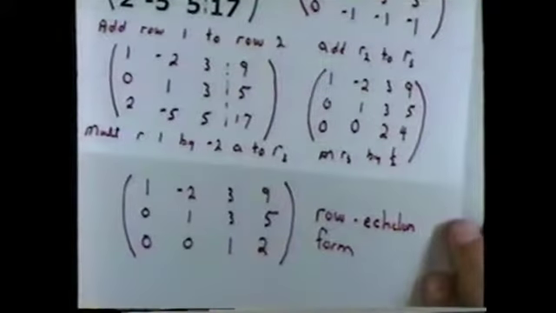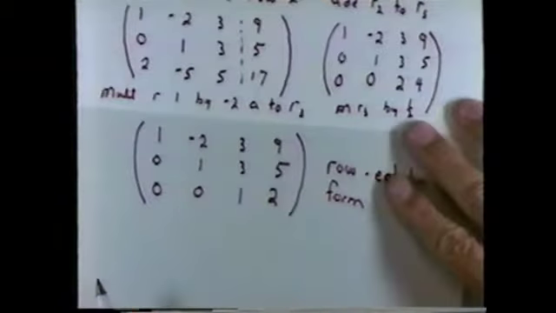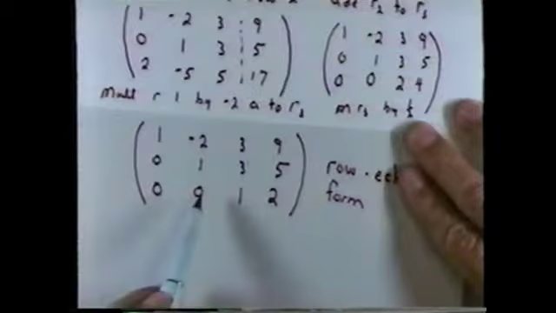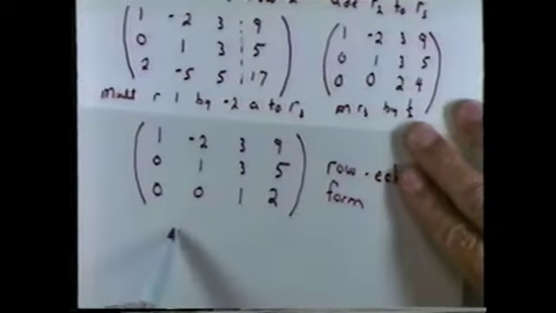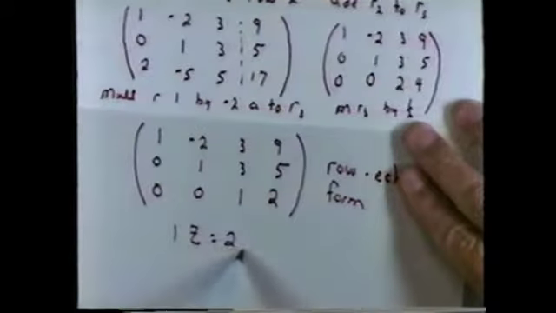Now once you get the matrix in row echelon form, it's very easy to go back and create the equations to back substitute and get the solution. Because remember, this is 0x, 0y, and 1z. So I see here that 1z is equal to 2. So I have z is equal to 2.